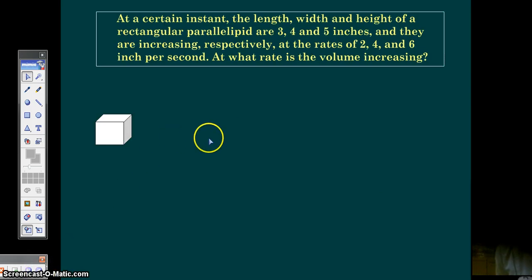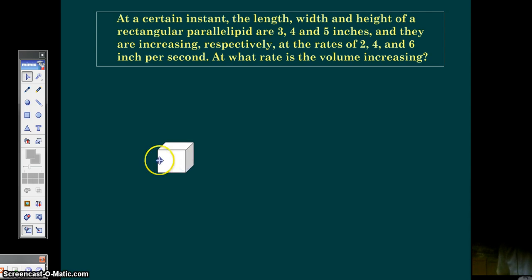At a certain instant, the length, width, and height of a rectangular parallelepiped are 3, 4, 5 inches, and they are increasing respectively at the rates of 2, 4, and 6 inches per second. At what rate is the volume increasing? Now, so that we know what is happening, let's say this is our parallelepiped, and all the dimensions are said to be changing.